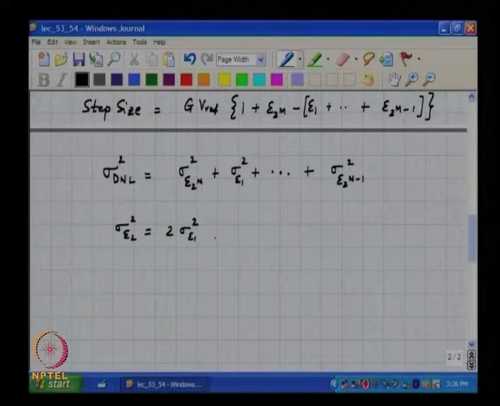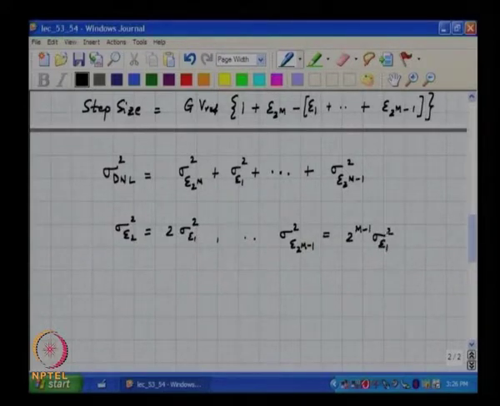So, you can relate the sigma squares of all these elements, the last one being 2 to the m minus 1 times sigma E1 square, correct. Is this clear?